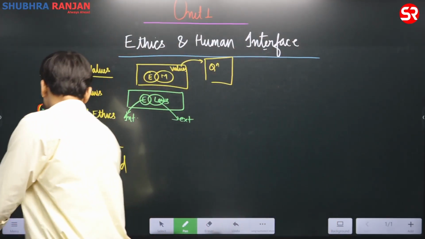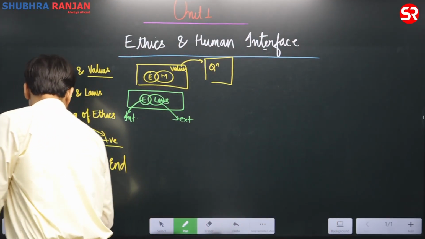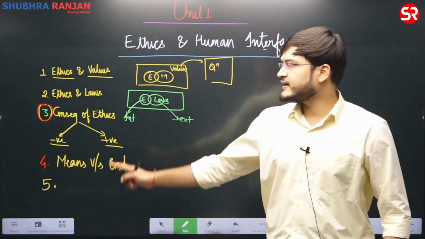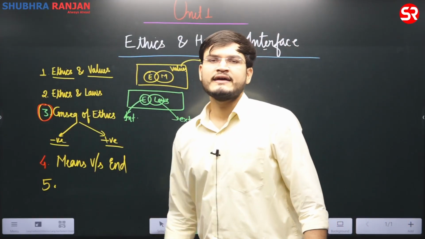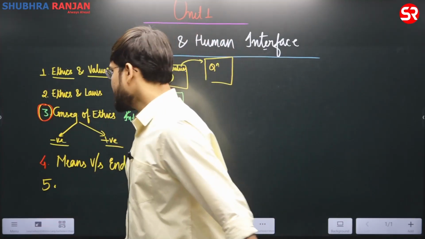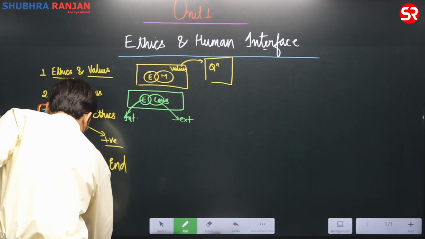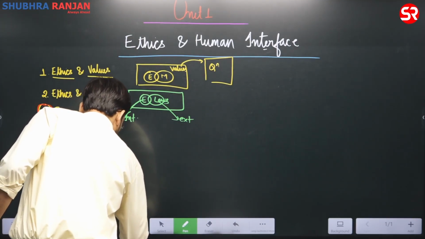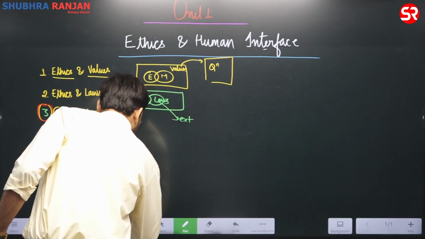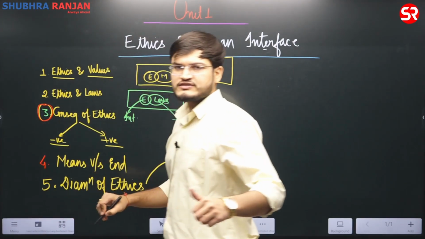In the fifth theme from unit number 1, you'll find it is regarding dimensions of ethics. Here in dimensions of ethics, they will ask questions.